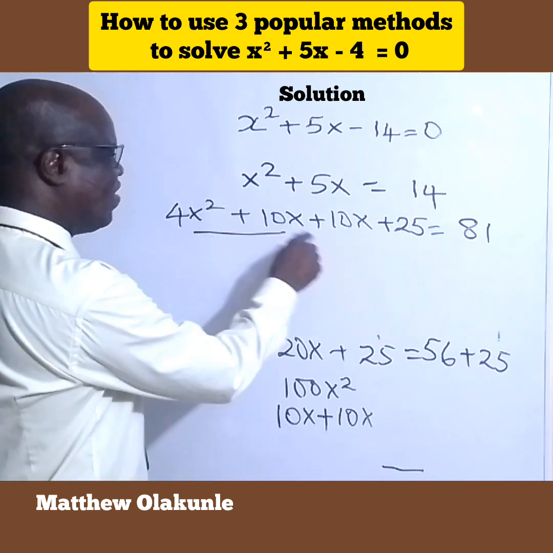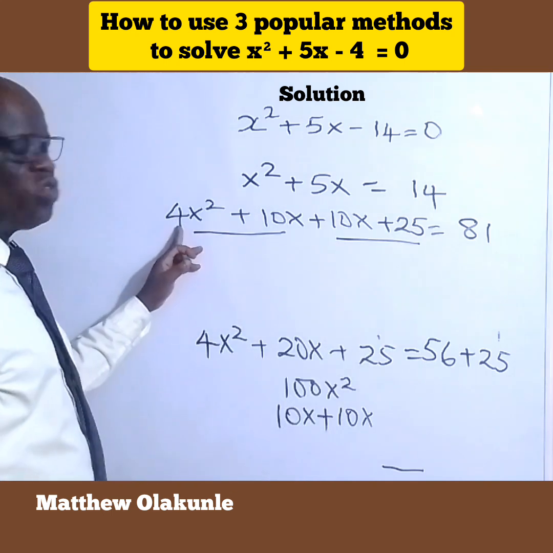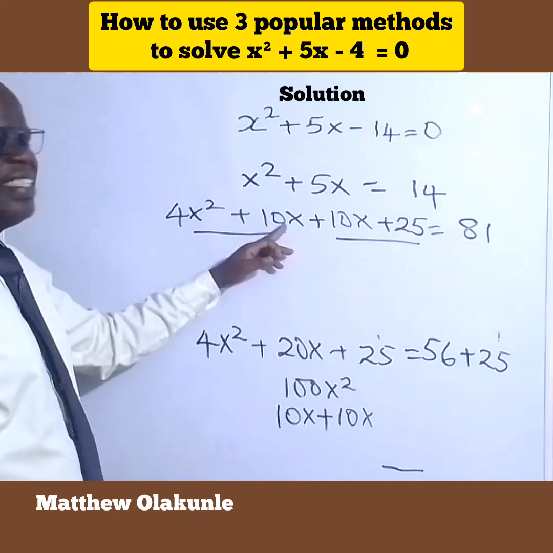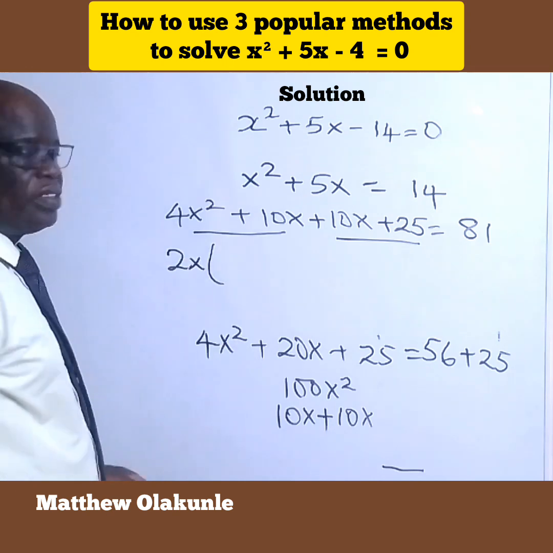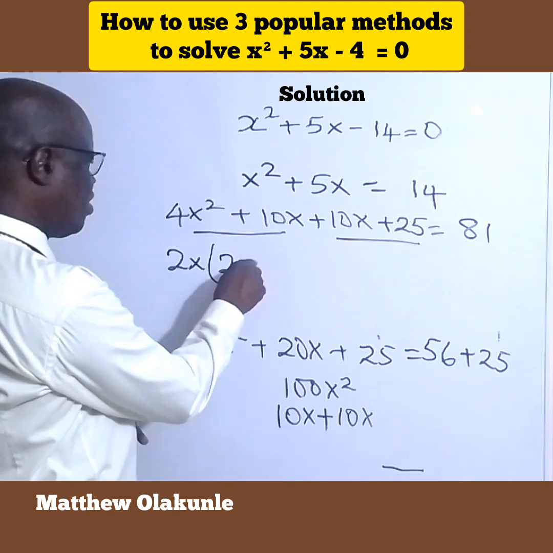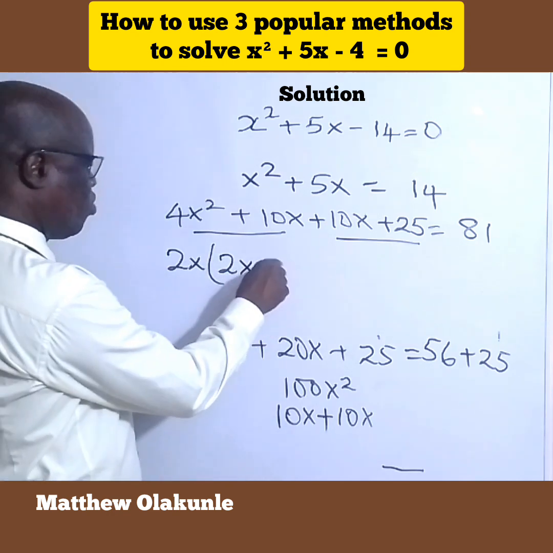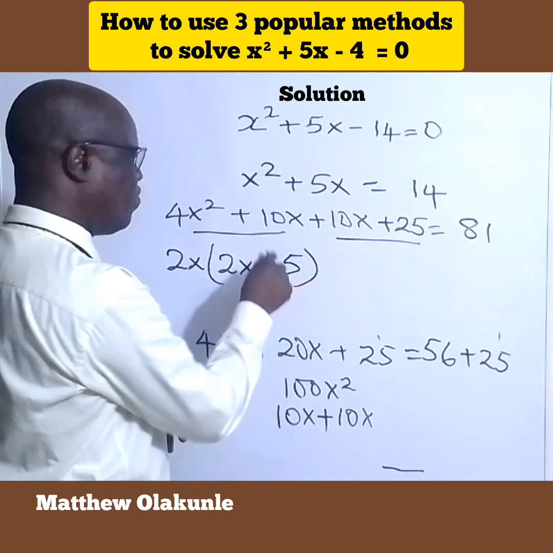Take these two terms here. What is common to this 4x squared and 10x? Then we have 2x is common. So 4x squared divided by 2x, you have 2x. Then you have plus 10x divided by 2x, you have 5.